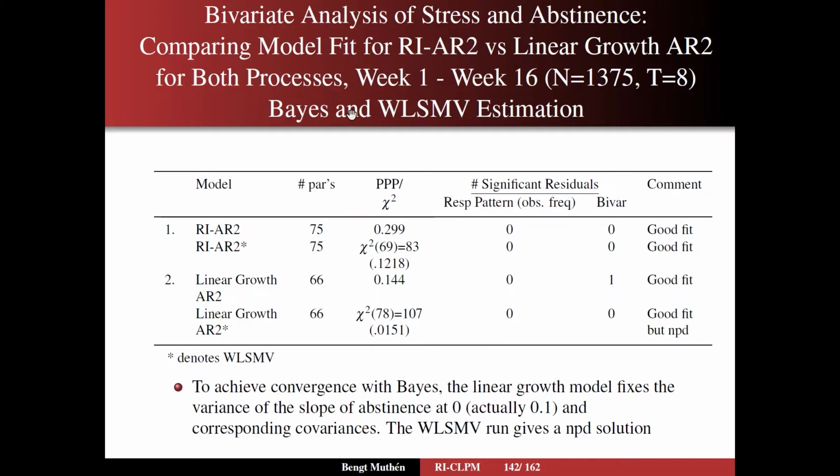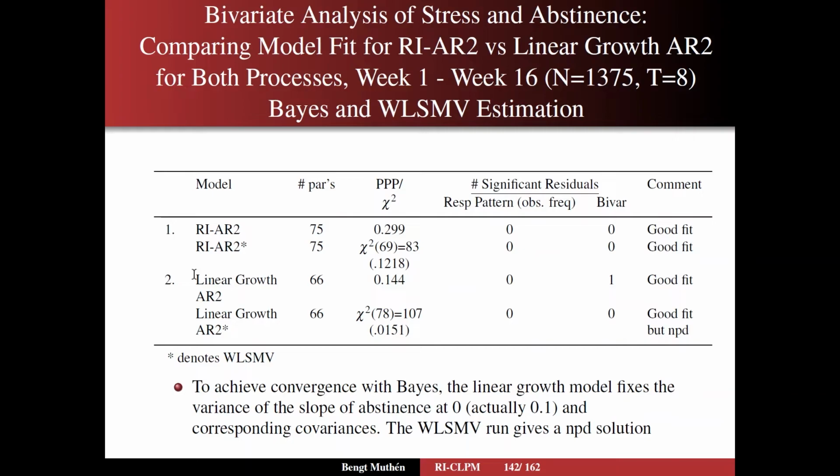And we're looking at both Bayes and WLSMV estimation here for completeness. So the RI-AR2 model had a decent PPP and a good residual fit. In the WLSMV version, we also have a very good fit in terms of the p-value. So we're pleased with that model.